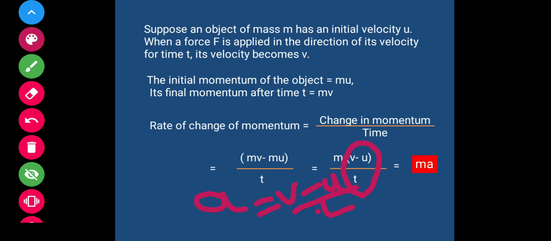So instead of this we can put a, that is acceleration, which is equal to m into a. So the rate of change of momentum is equal to ma.